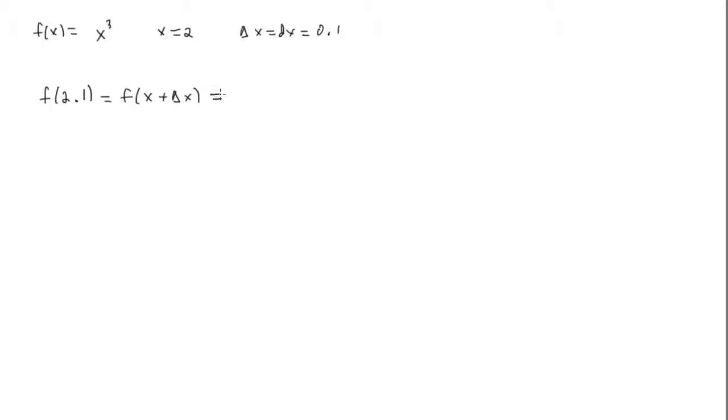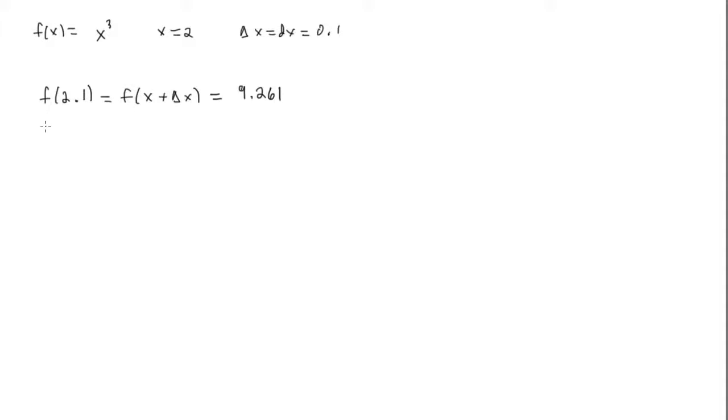And what I get if I compute that is, so what we need to just compute there is what is 2.1 cubed. And we can just do that real quick with a calculator. And we get 9.261. Okay, and that's not a big deal.